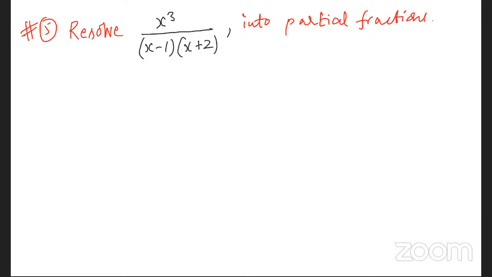If you look at this one, first you have to check whether the rational fraction is a proper or an improper fraction. Clearly the degree of the numerator is 3, and in the denominator, x into x, x square, the degree is 2. So the degree of the numerator is greater than the degree of the denominator. So it is an improper rational fraction of case 2. Now we shall see the solution.